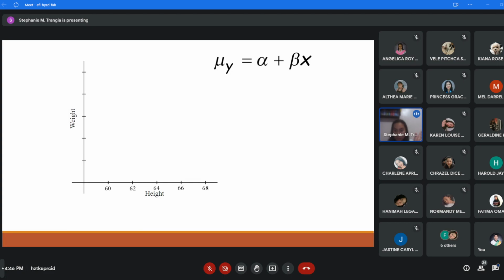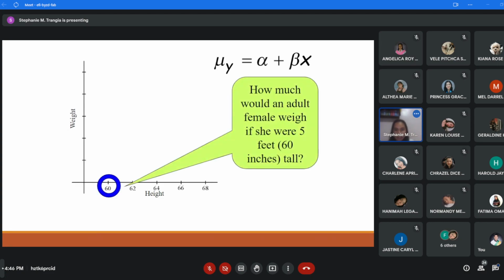So that is with your independent and dependent variable. In our case, class, our dependent variable is atong weight. Atong independent variable is our height. So let's just learn some concept. How much would an adult female weigh if she were 5 feet tall, or basically 60 inches tall?